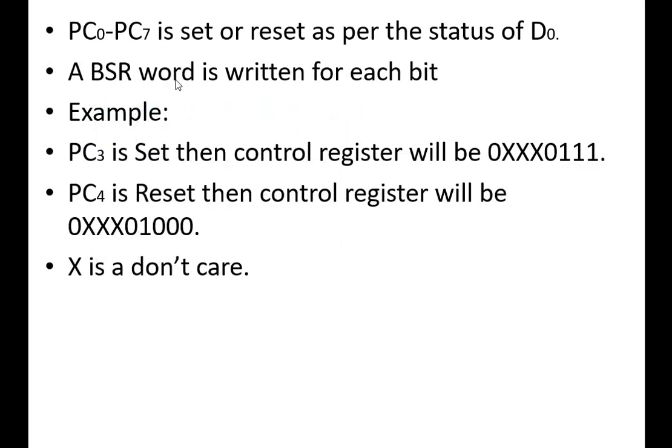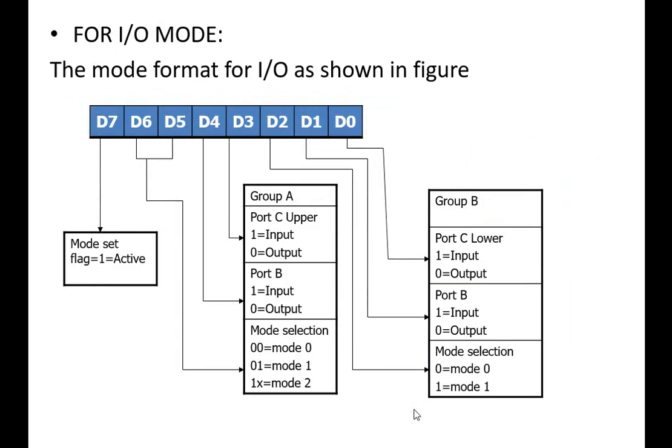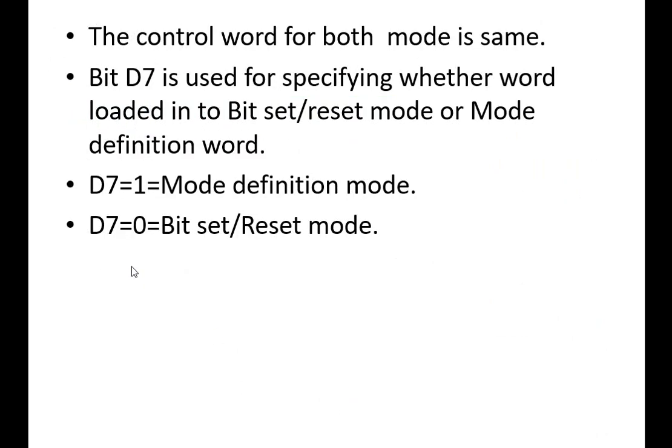The previous function was for BSR mode, where 0 means flag active, and now we are in IO mode, where 1 means flag active. Here the control word is for both modes, and D7 equal to 1 means mode definition mode, and D7 equal to 0 means bit set or reset mode.